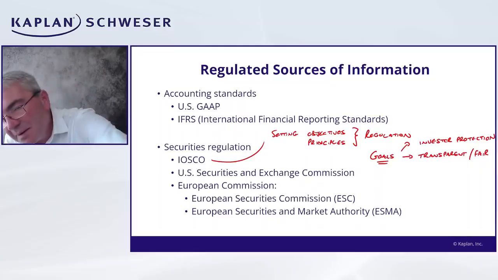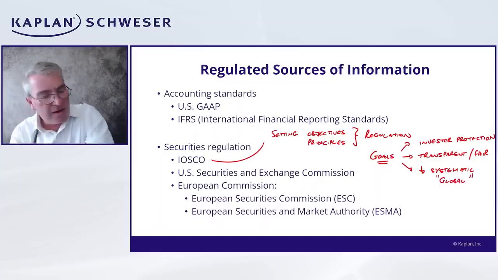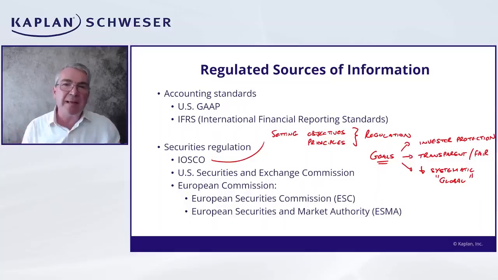And the final one of their goals is to reduce systematic risk. Systematic risk, or really we're talking about global risk, and the idea of contagion. And this, of course, became very popular in 2008 in the credit crunch, and then throughout the next decade as we lurched into Eurozone crises with debt.